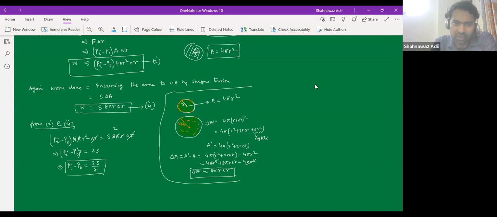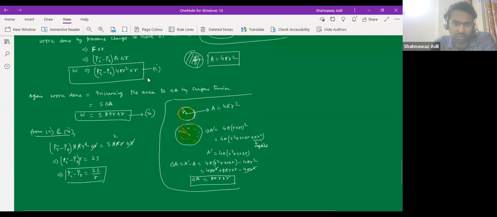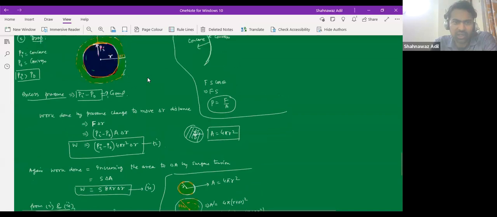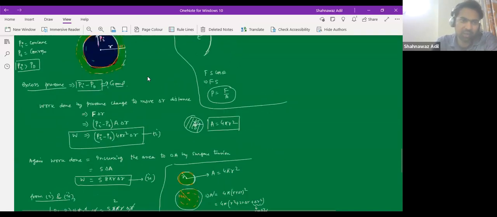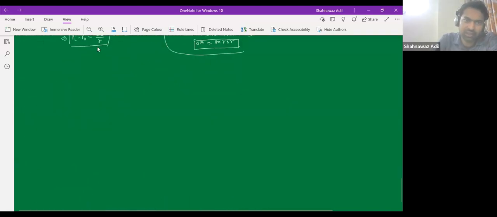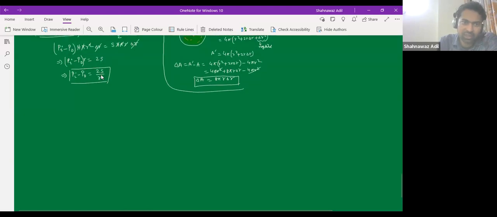That would be related to the surface tension and radius of that water drop. The excess pressure between two surfaces is 2S by r. This thing we should keep in mind.